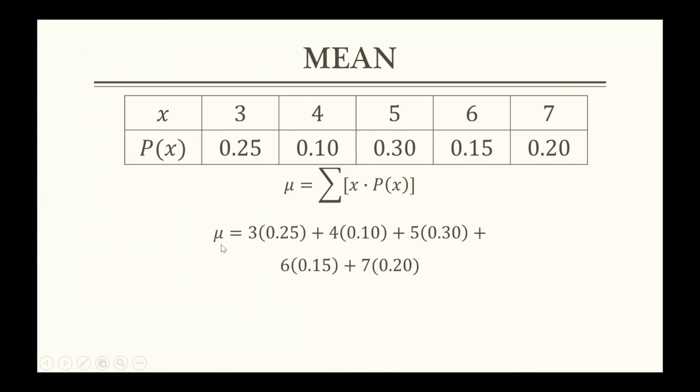So let's take it one by one: mu is equal to 3 times 0.25 plus 4 times 0.10 plus 5 times 0.30 plus 6 times 0.15 plus 7 times 0.20. Get the total using your scientific calculator, that is equal to 4.95, which is also equal to the first mean, the one in the table.